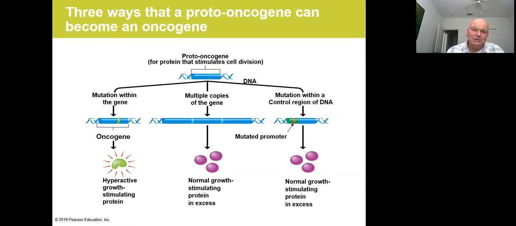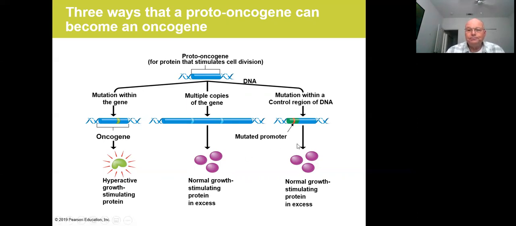And if it overstimulates cell division, you're going to have a cell that is growing and dividing quite rapidly, whereas it shouldn't be. Or if this gene gets replicated, so there are multiple copies of the gene, now you're going to have a lot more stimulation, because you're going to have a lot more of this division stimulating protein present in the cell. So it's going to be more active.